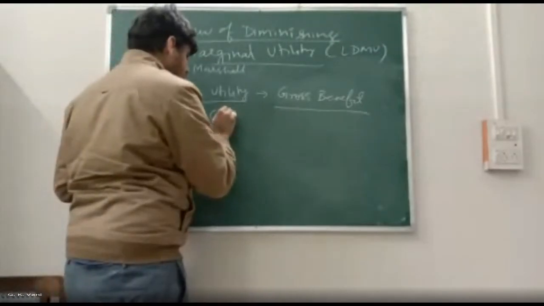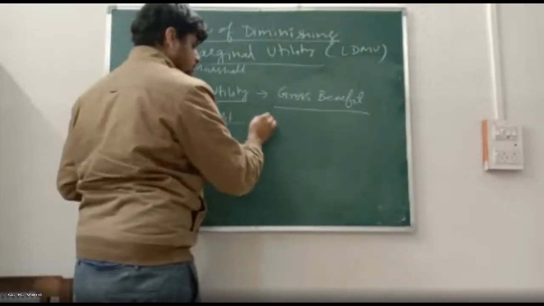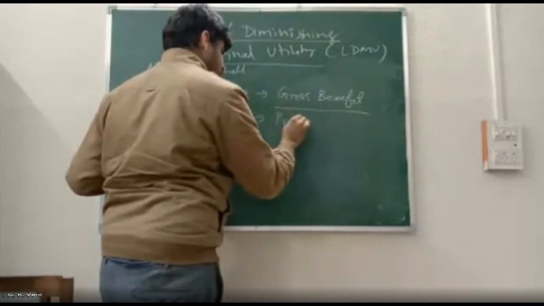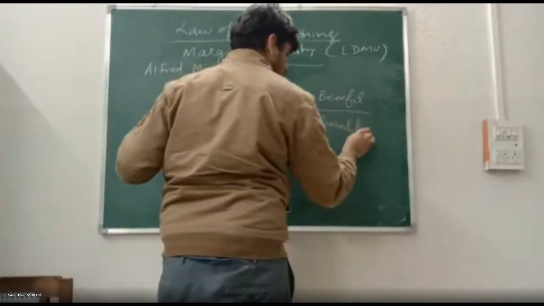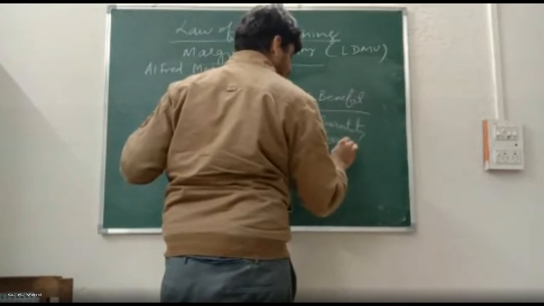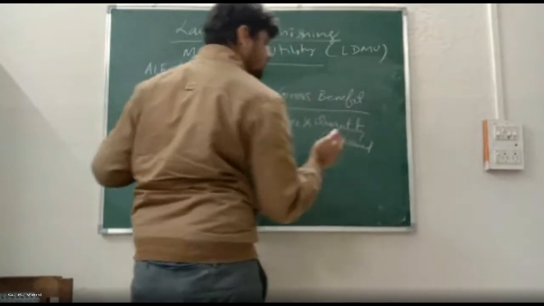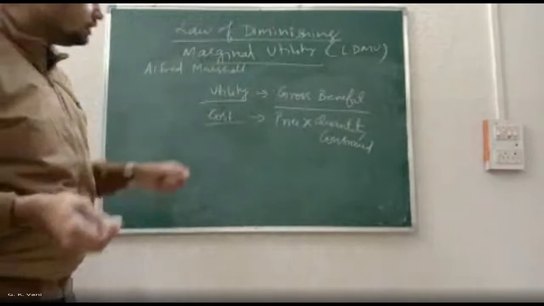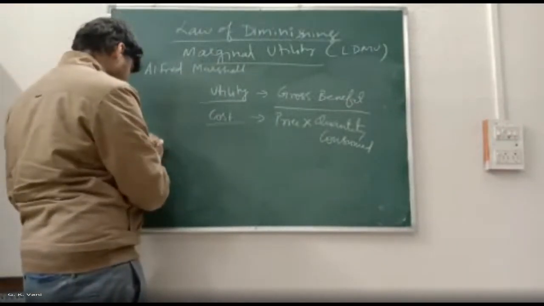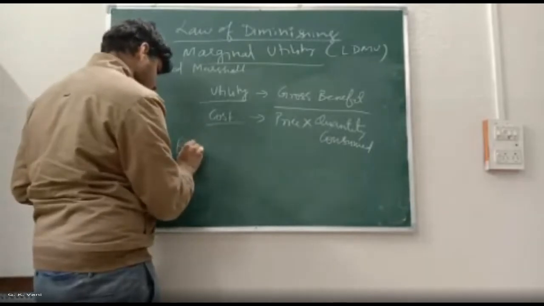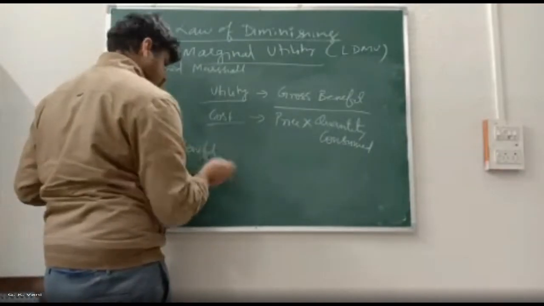And there is something called cost. So price multiplied by quantity consumed. It's not there in notes, so you may write it down. So we want net benefit, right? Net benefit.